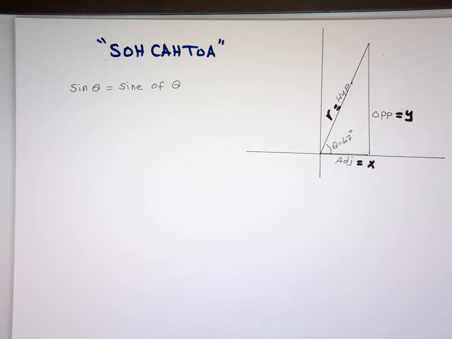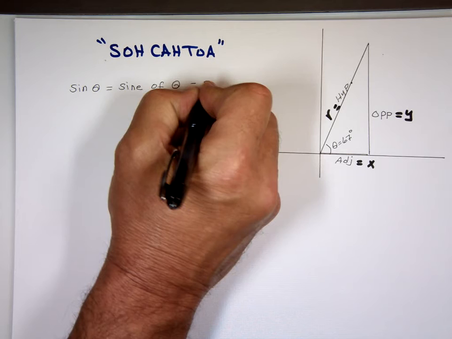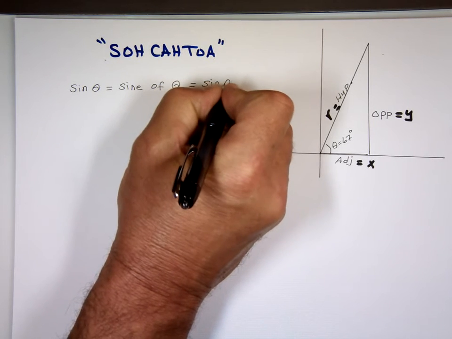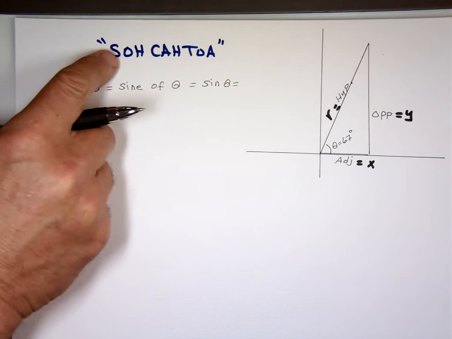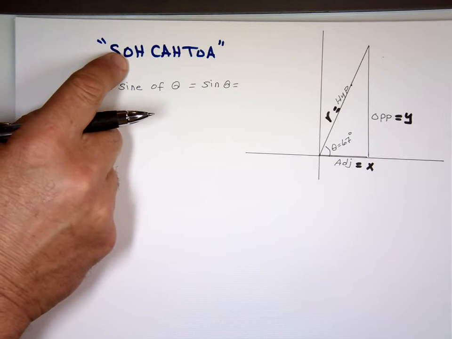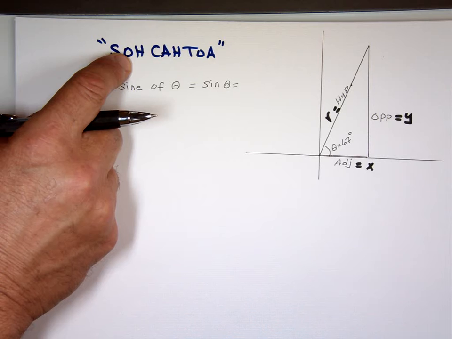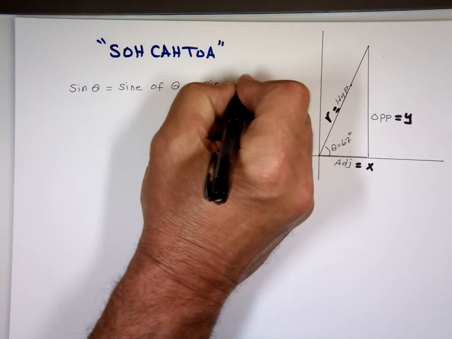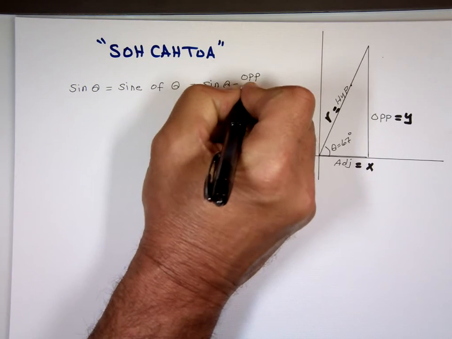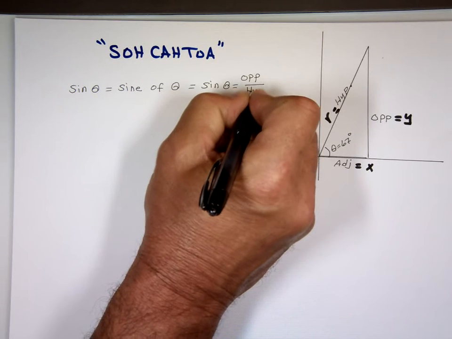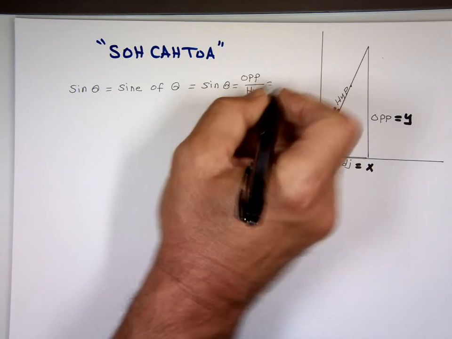So we write sine theta equals. Notice sine, O for opposite, H for hypotenuse. So it's the opposite over the hypotenuse. The opposite is Y, hypotenuse is R.